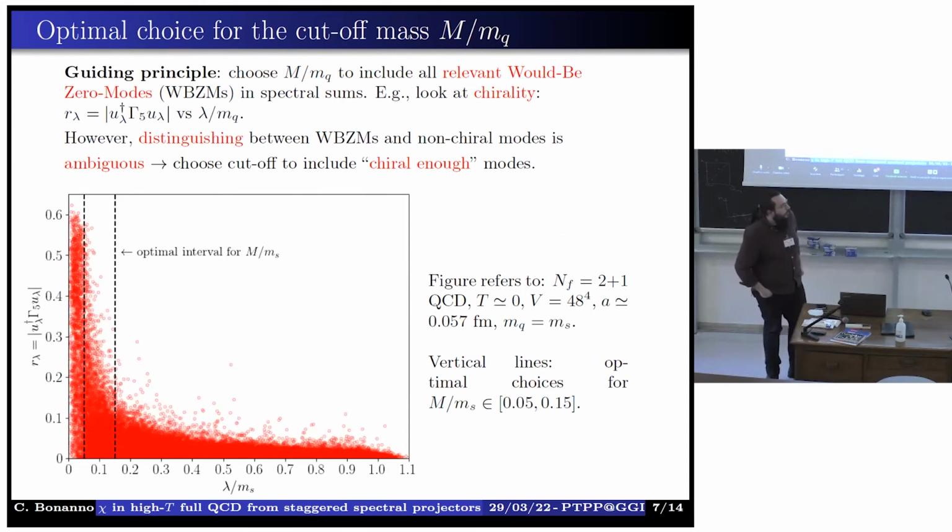So to compute the eigenvalues and the eigenvectors, we use the ARPACK method, so the Arnoldi algorithm, if you want. For this example, we computed up to 300 eigenvalues, so the first 300 lowest eigenvalues.